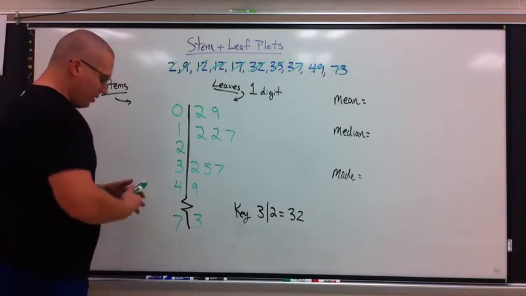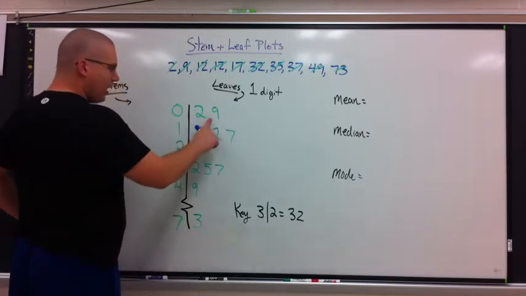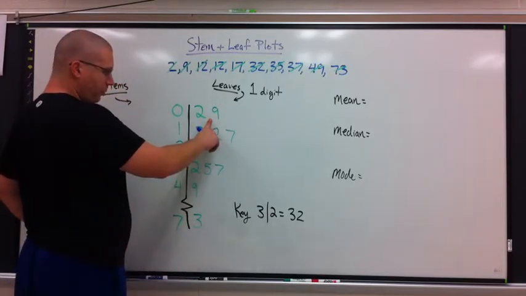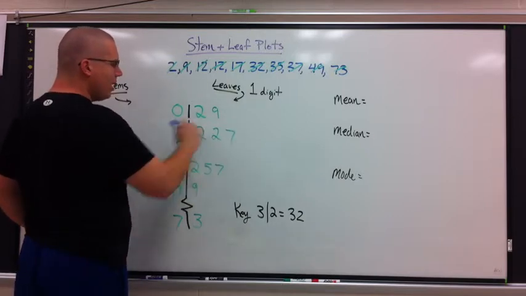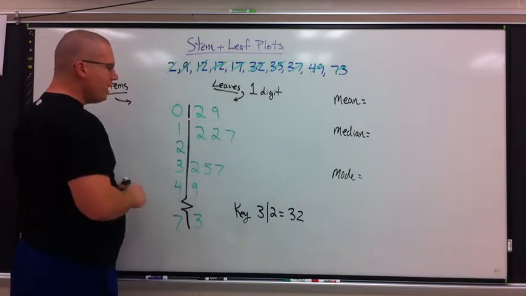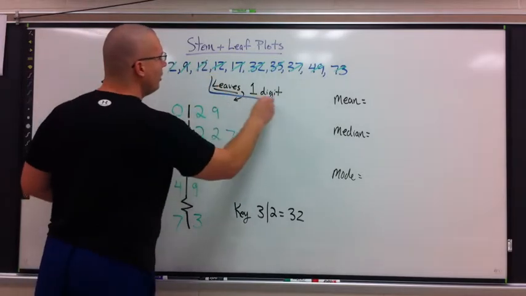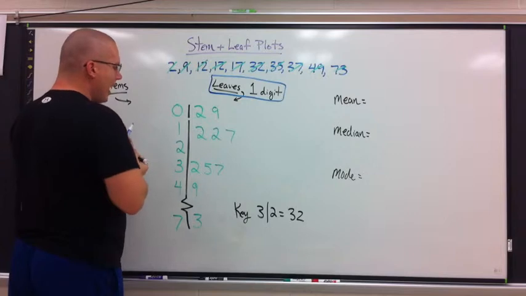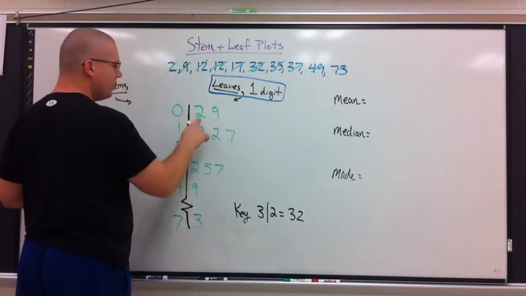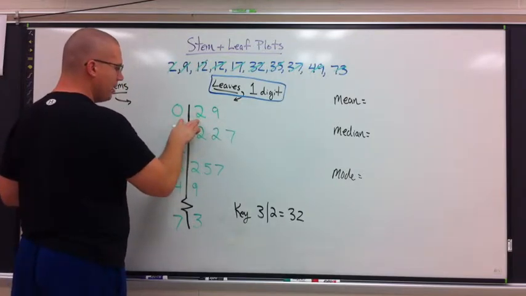Excuse me, one small note is this. Why are there no commas here? Am I afraid someone will read this as the number 29? I shouldn't be. Leaves, I'm only allowed 1 digit per number. So we should know that this is the number 2. That's the number 2.